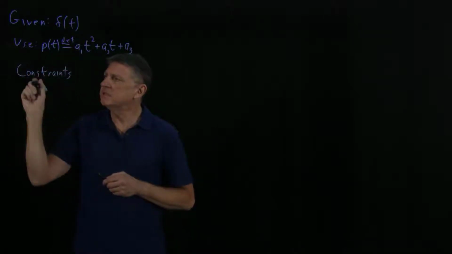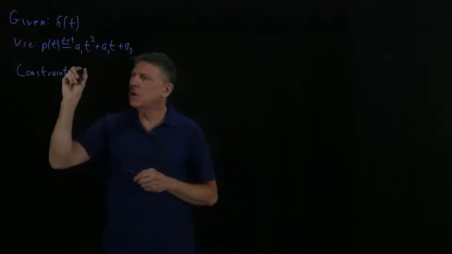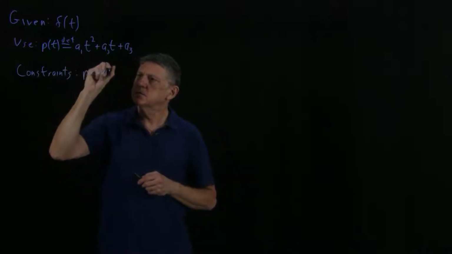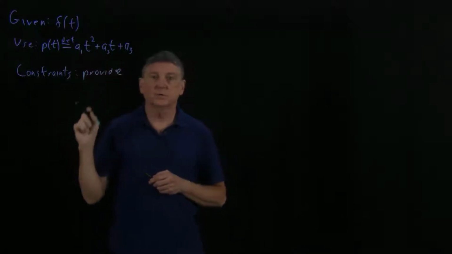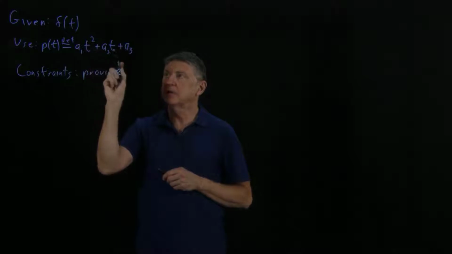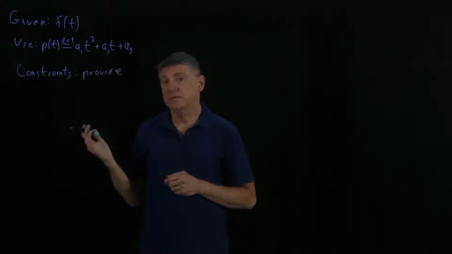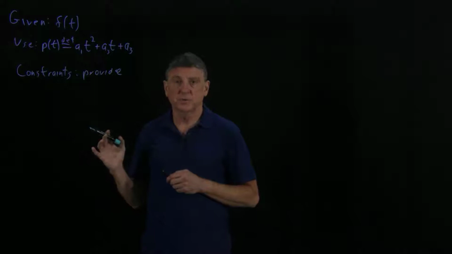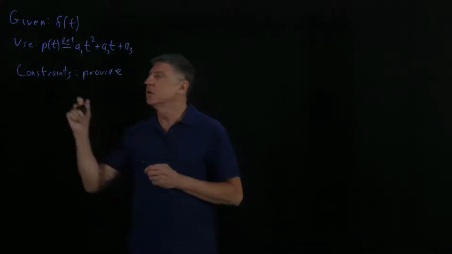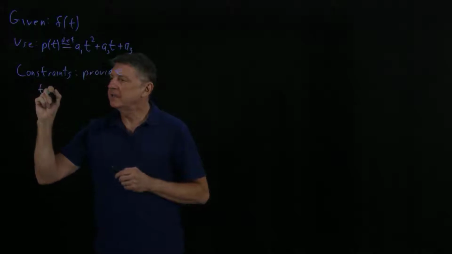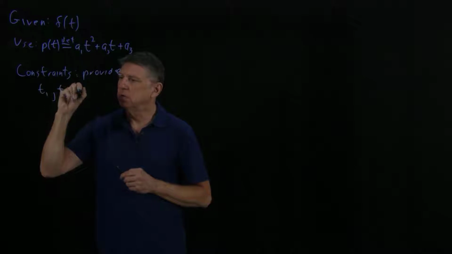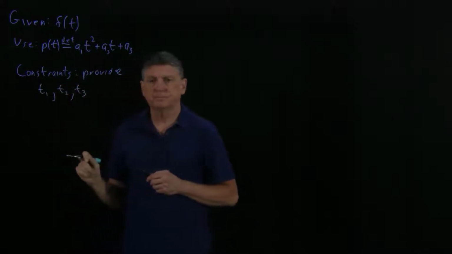The constraints that we'll use are that the user will provide us with three estimates of the scalar argument. The user will have some way to determine what those three estimates are, and we'll accept them as our inputs. So they will provide estimates at argument 1, argument 2, and argument 3.